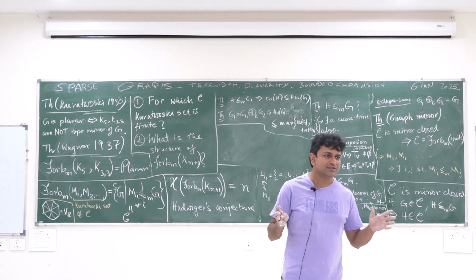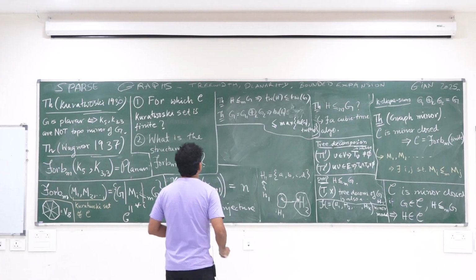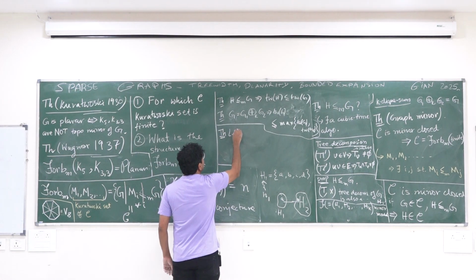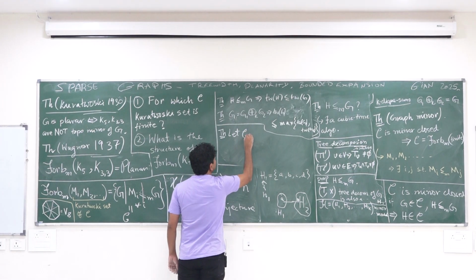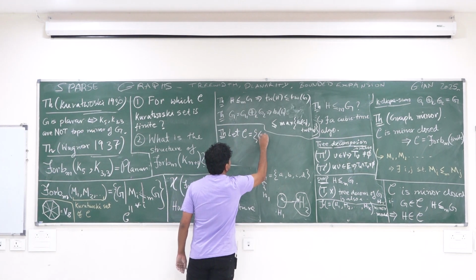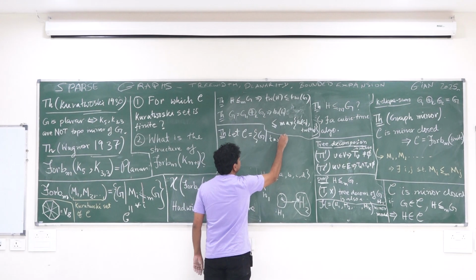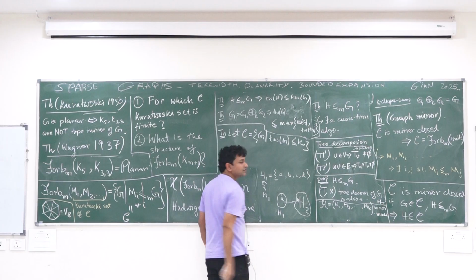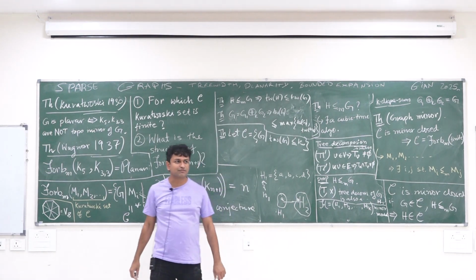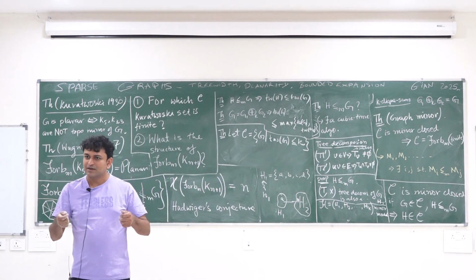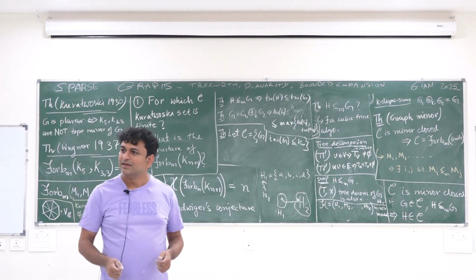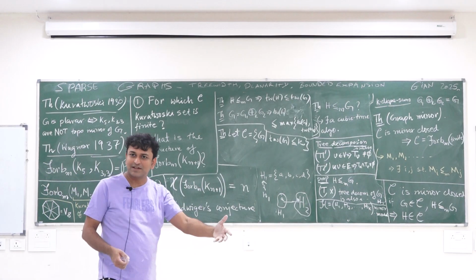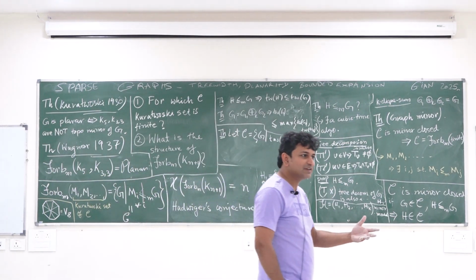So take all graphs whose tree width is bounded by K. So let C equal the set of G such that tree width of G is less than or equal to K. Take this class of graphs. Take any graph from here, take its minor. Because of the first theorem, the top theorem, that graph is also in the same class because it has low tree width, right?